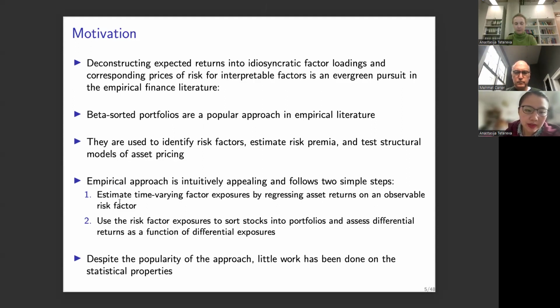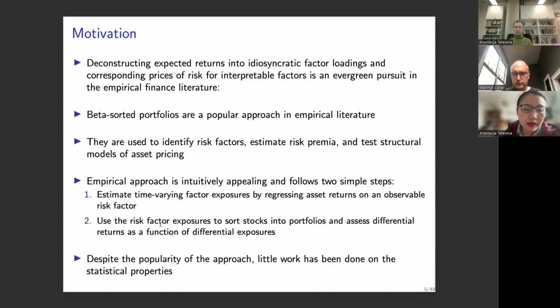The first step is that we estimate the time-varying factor exposures by some regression. It's typically taking the firm-level equity returns and regressing them on some observable given risk factors.